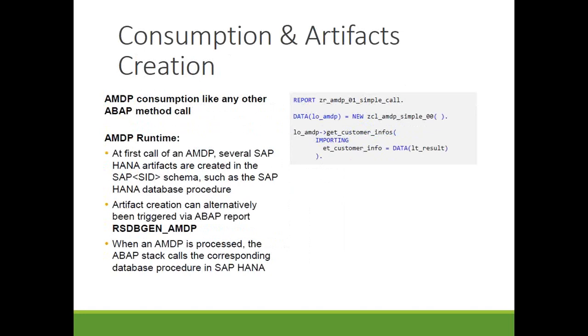Suppose you say, I have 1000 lines of program, and can I write the entire 1000 lines in one method? No. Each select statement, each selection criteria, you keep in one AMDP method. So you don't need to change the entire code.